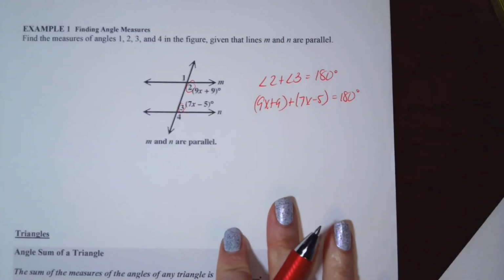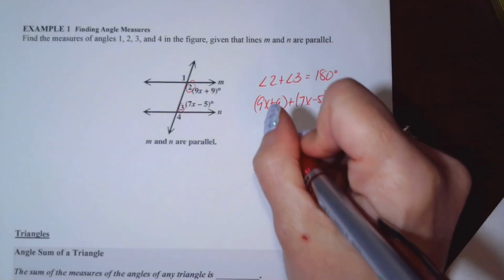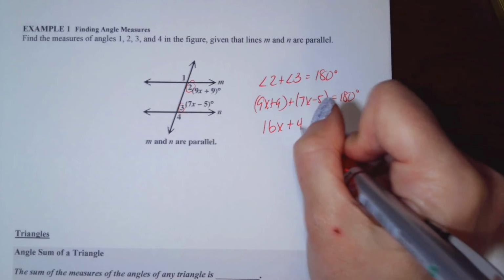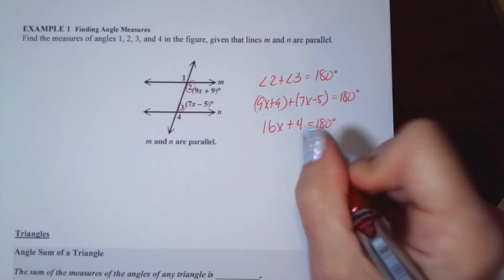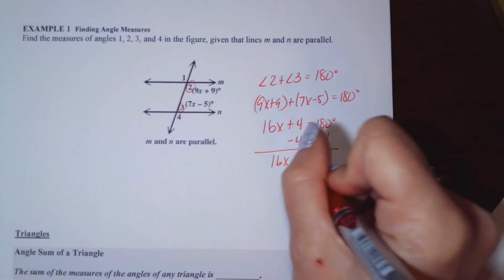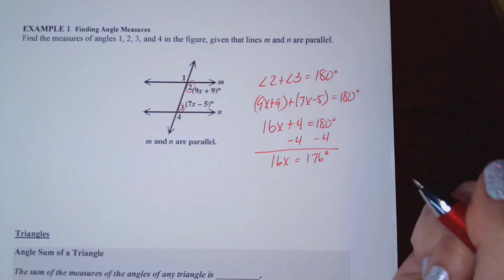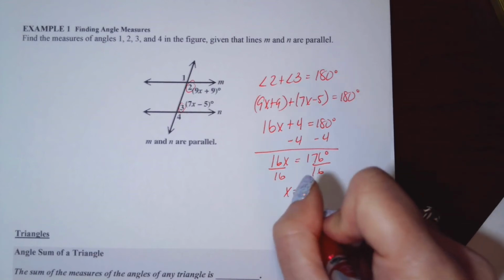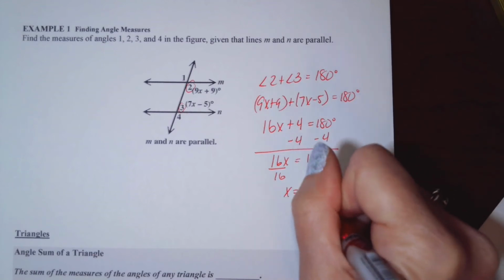Then it's just solving an equation. Combine like terms: I get 16x, and 9 minus 5 is 4. And I discover that x is 11 degrees.